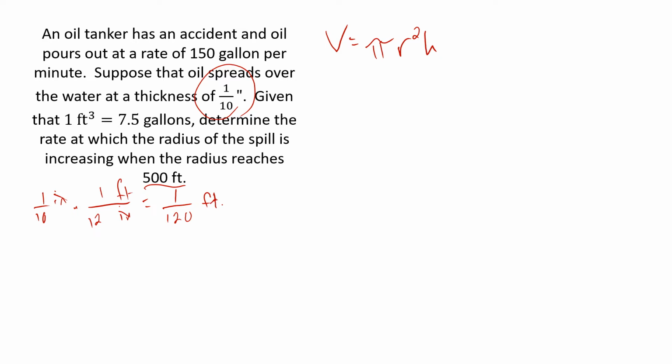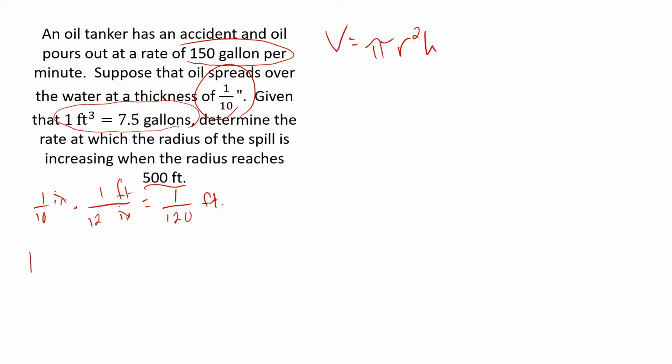While we're doing conversions, the volume, it's actually the rate at which the volume is changing, is 150 gallons per minute. But gallons is not feet. So we want to convert that, and we know that 1 cubic foot equals 7.5 gallons.